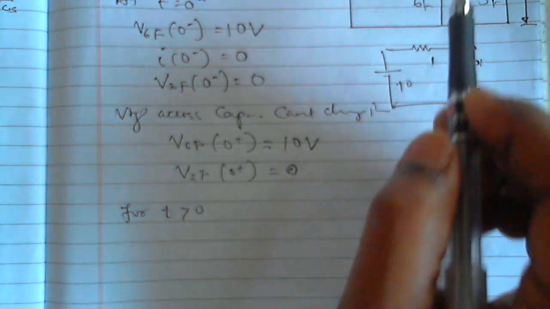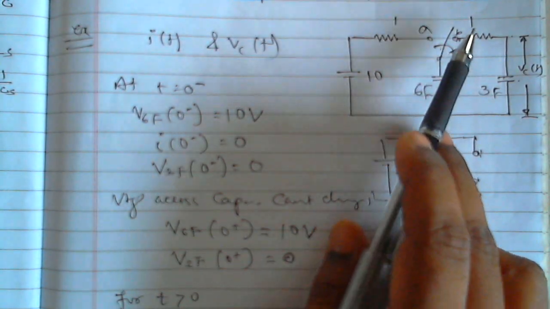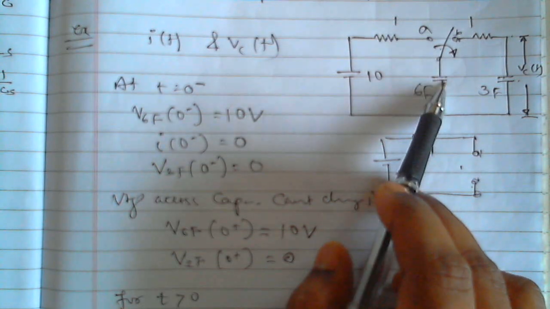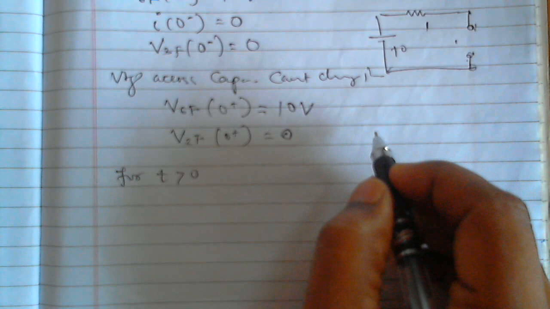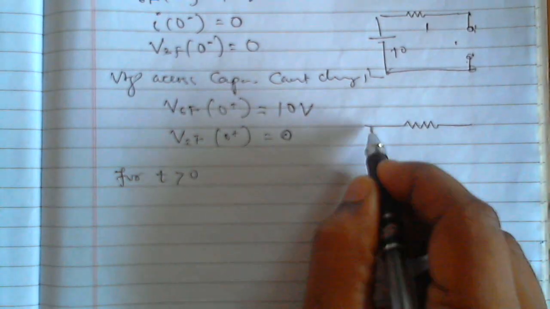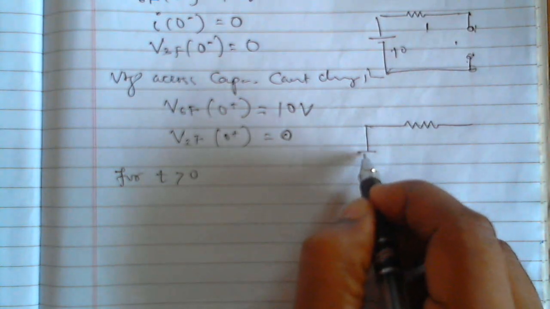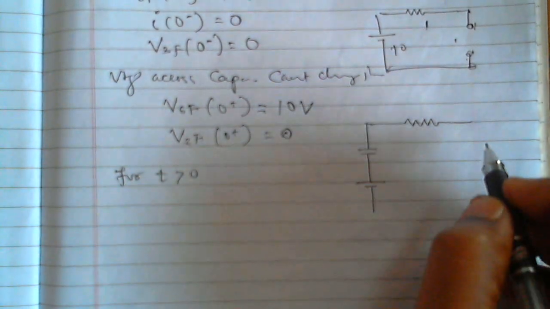Now the switch is moved to position B, no? So see here, the switch is moved to position B. So now the capacitor will act as a capacitance in series with the voltage source, the remaining things as they are. This is a resistor, this is a capacitor, this is the voltage source.